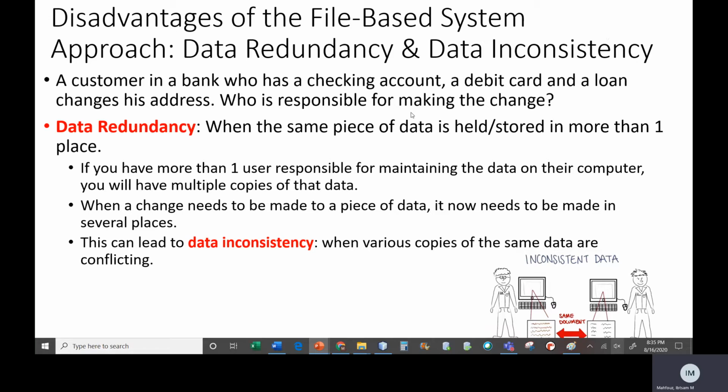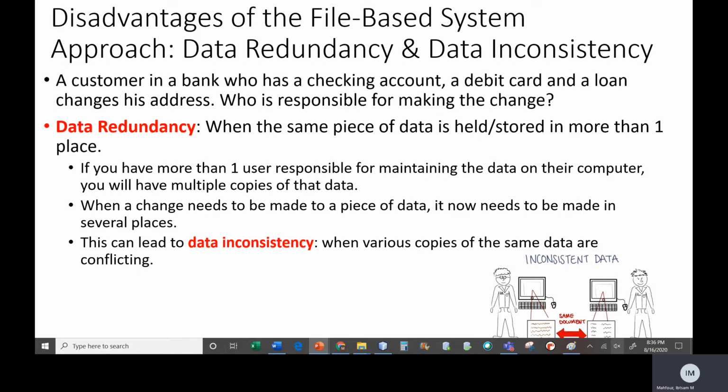And so when you have information that is stored in more than one place, there is a potential of data inconsistency, where the data stored in one place conflicts with data stored in another place. You update it in one place, but you forget to update it in another place.